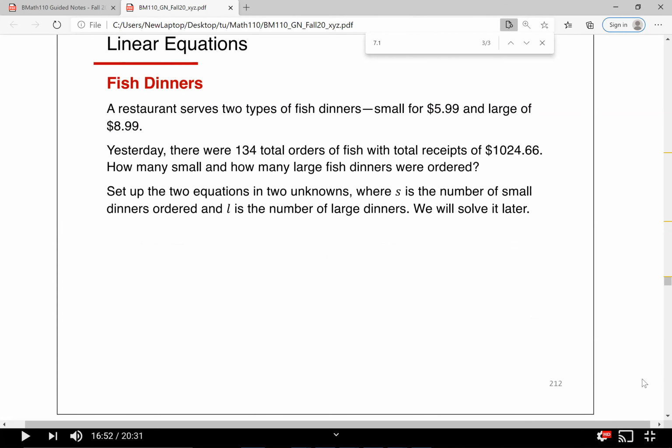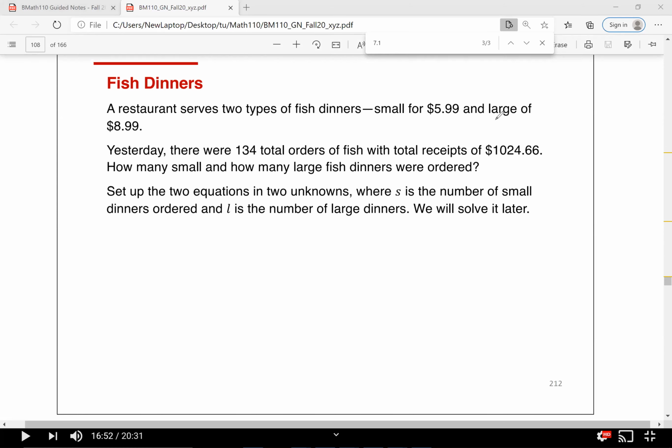Okay, linear equation. A restaurant serves two types of fish dinner: small for $5.99 and large for $8.99.